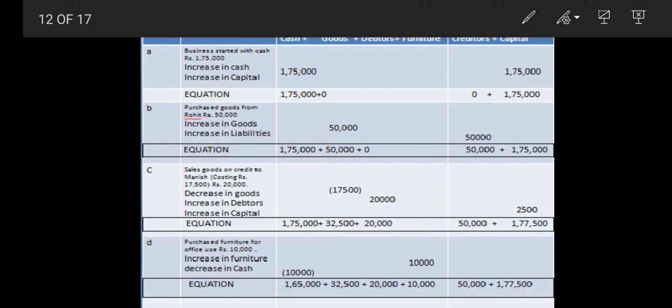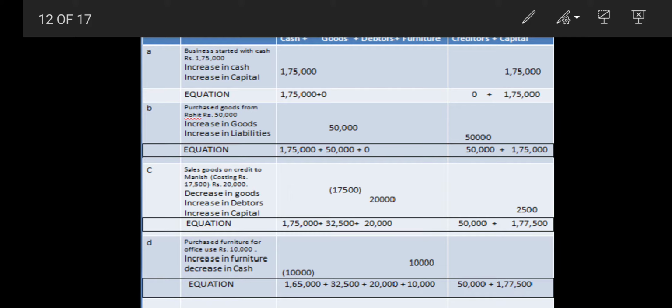When there is a purchase on credit, then it will be creditors. So don't mix up both of them. Always remember, when there is a customer, when we are selling, you have to write down debtors. And when there is a purchase, means when we are getting supply of goods, then there will be creditors.